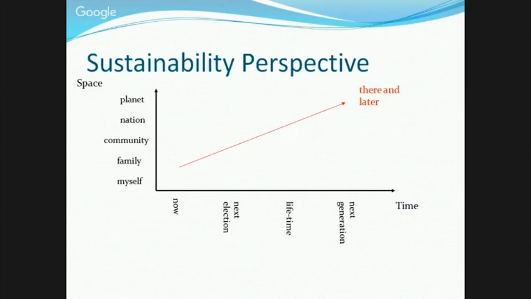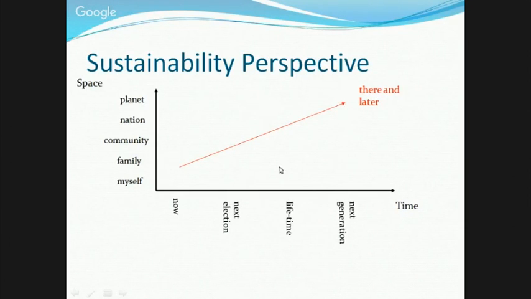From the sustainability point of view, whatever action we are taking, we have to think that I am myself at the bottom, then family, community, nation, and the planet. So first I am thinking for myself, next I will be thinking about my family, and so on. So we have to achieve this with time.